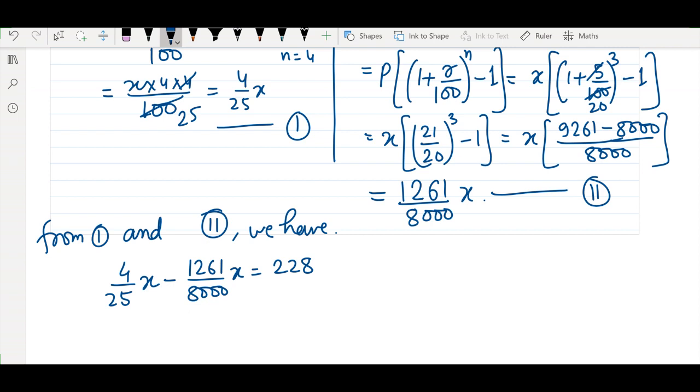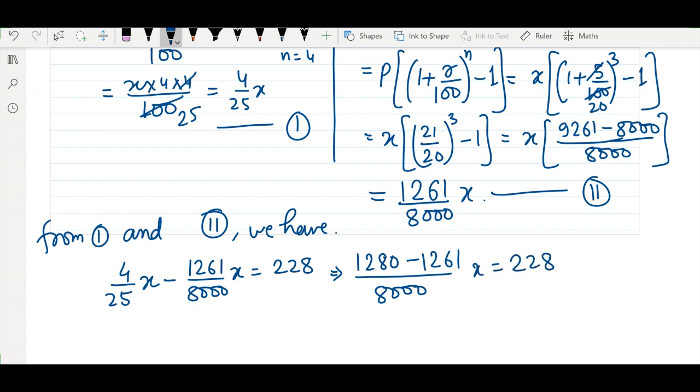Let's take the LCM, that would be easier. The LCM is going to be 8000, and then 320, it will come 320, multiplied by 4. So 1280 minus 1261, x over 8000 is equal to 228.